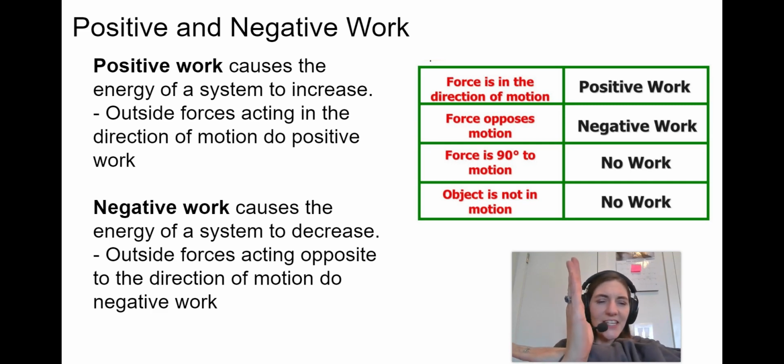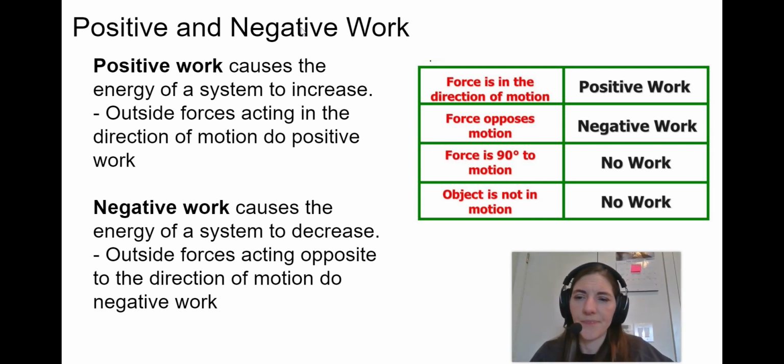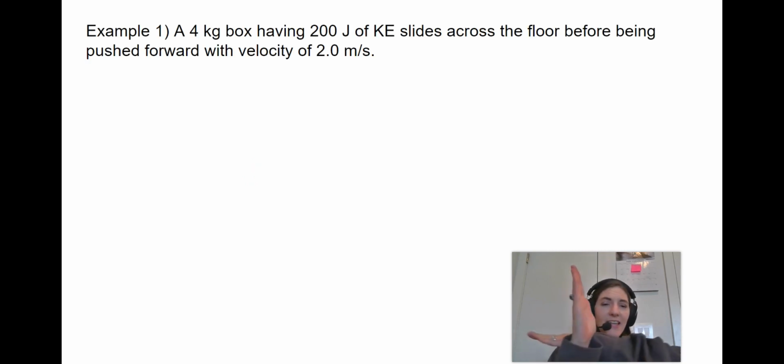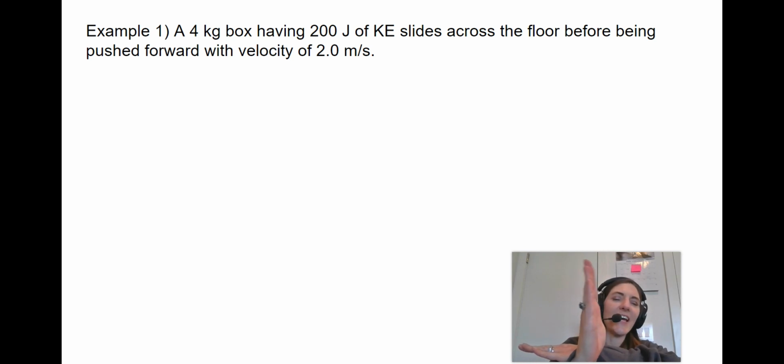So we don't consider that any work done because work was only done in the vertical, not the horizontal. Don't worry so much about that. And if the object's not in motion at all, there's no work. The reason we can say that about the 90-degree case is because there's no force that has any part of it in the direction of motion.